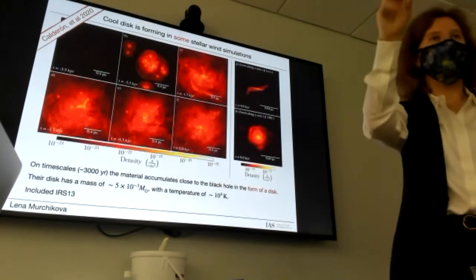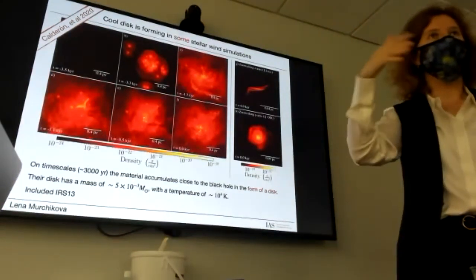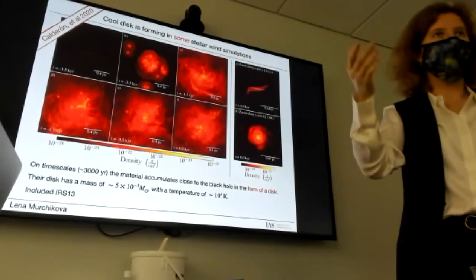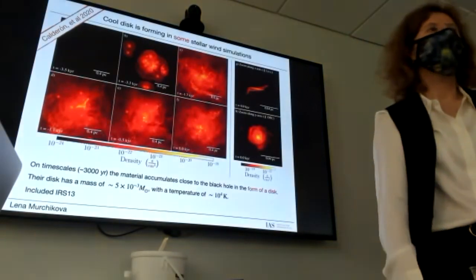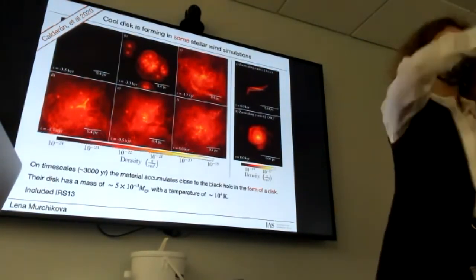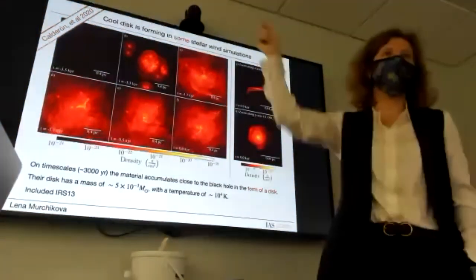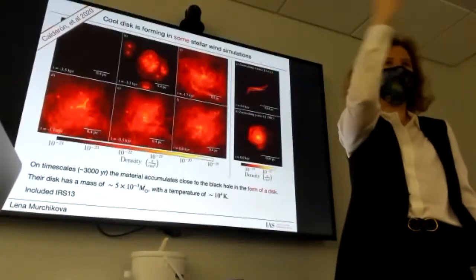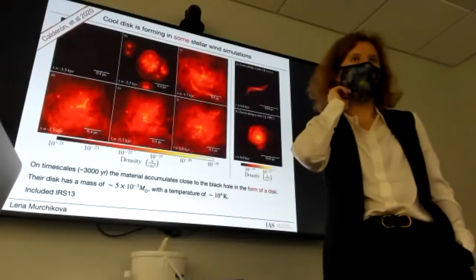You might expect some variation, but if they lose 10 times more or 10 times less, wouldn't that have a bigger effect? It depends on which star. You can try to do it for each star and see the difference.